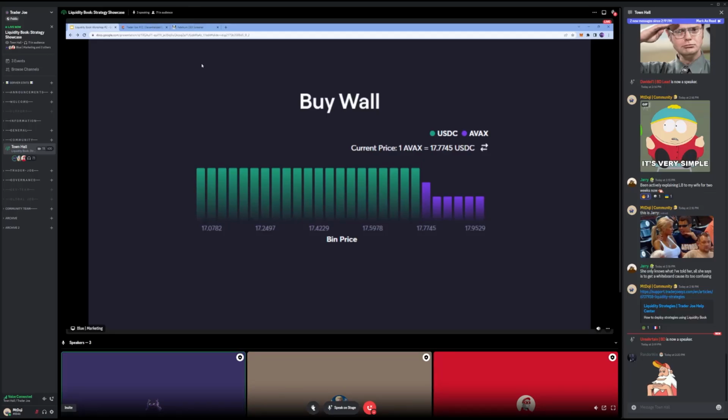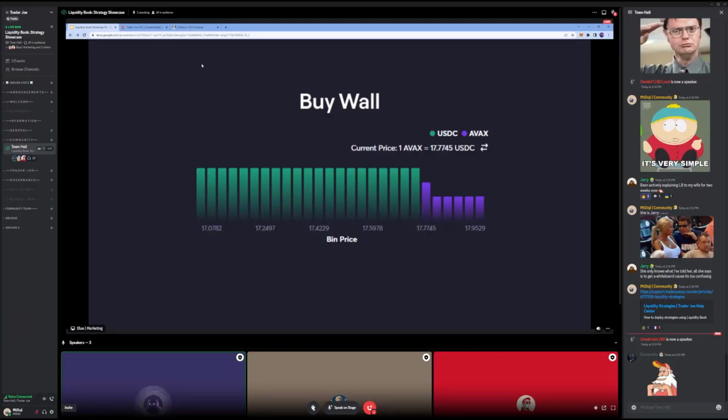And basically the big green bars, USDC, this is what's called a buy wall. So 80% of your liquidity in this example, I've set this up at $17 for AVAX, and it goes up to pretty much about $17.75. That's pretty much what it goes up to.